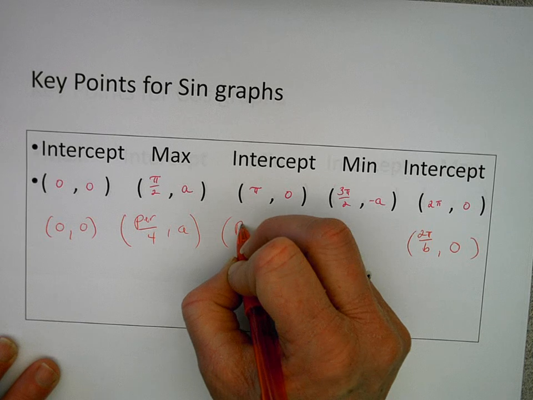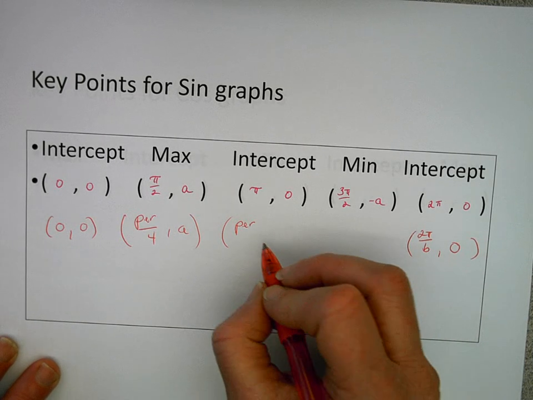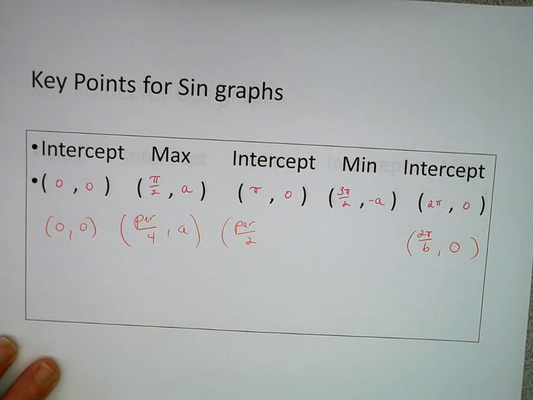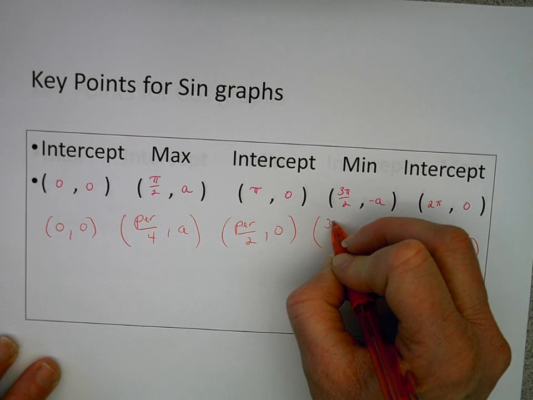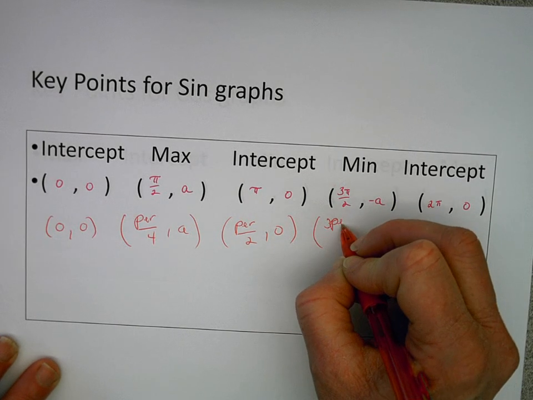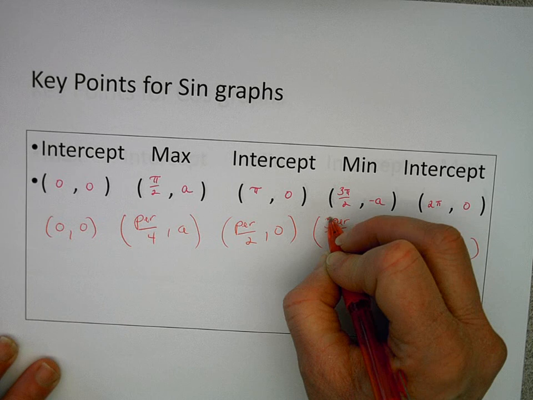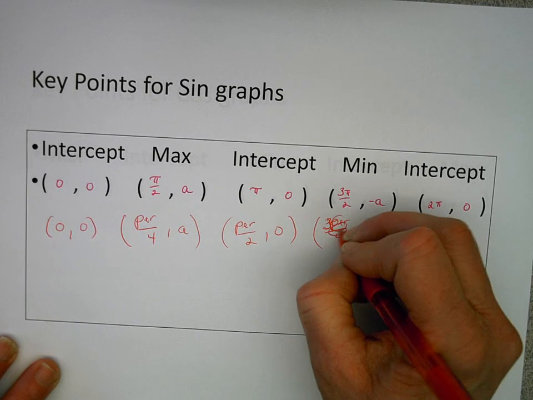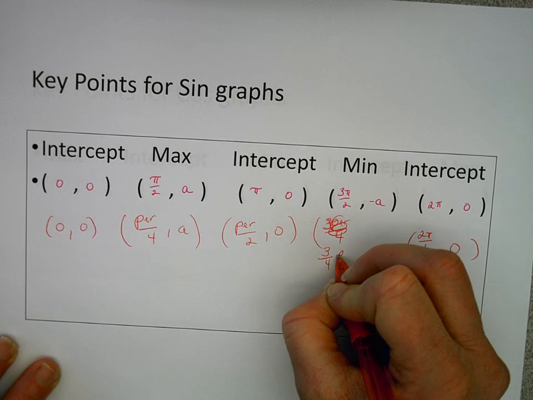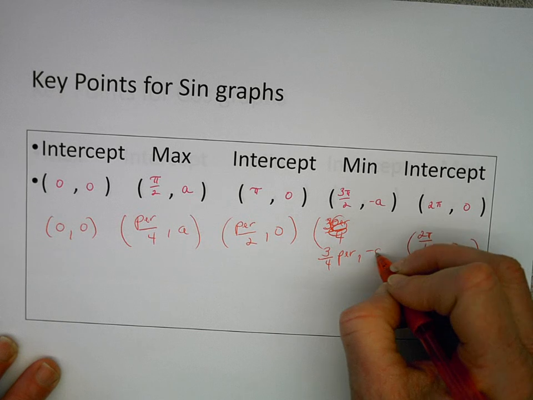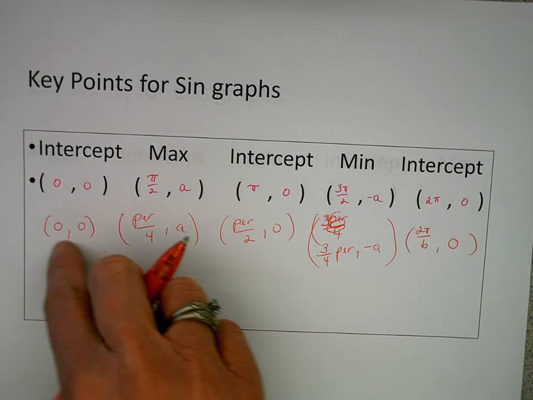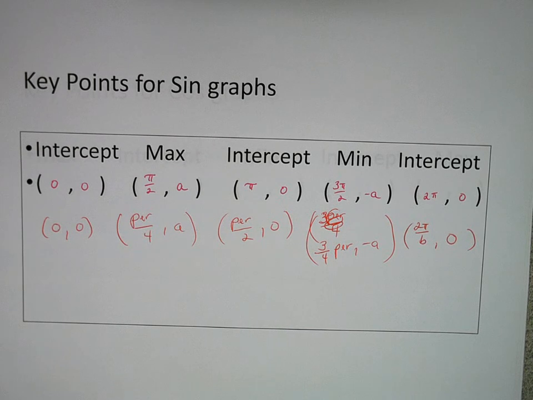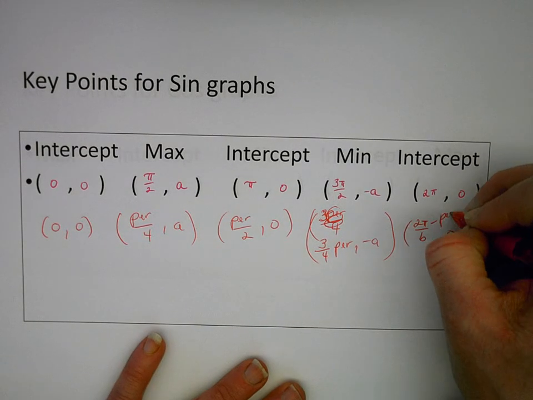This is going to be your period divided by 2. Because remember, it's halfway there. And this is 3/4 of your period. Kind of wrote that weird. But you'll get the idea. I'll rewrite it. 3/4 of your period. And a lot of times, that third point, or the fourth point overall, has a 3 in it, unless it can reduce. And this is your period.